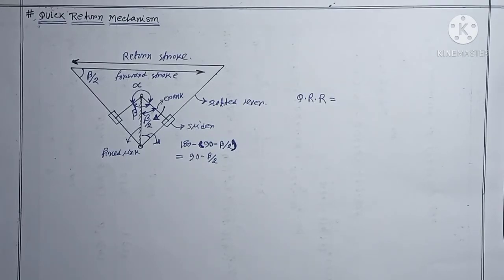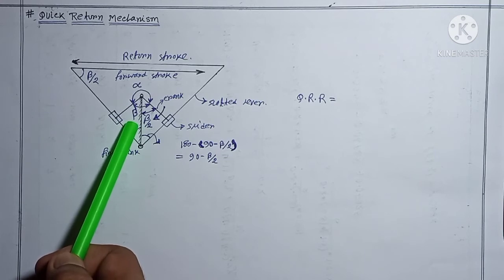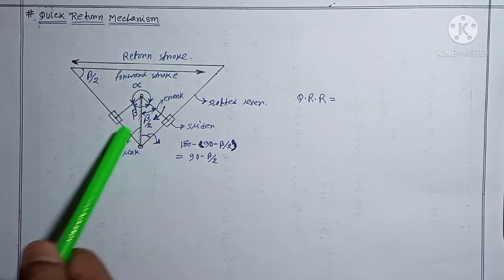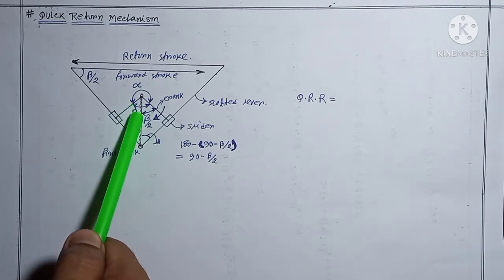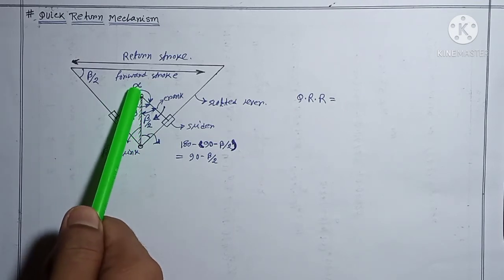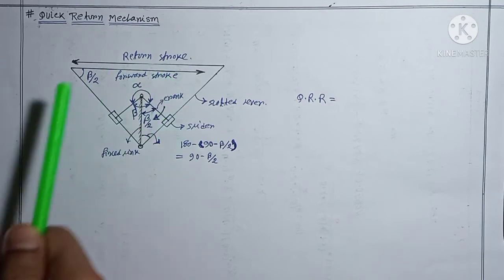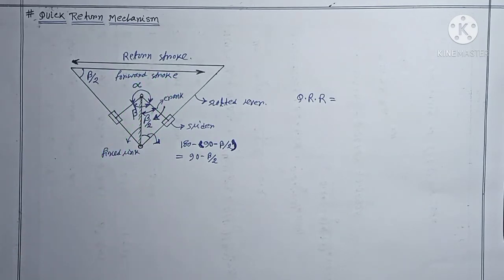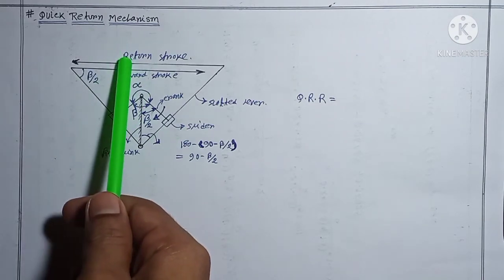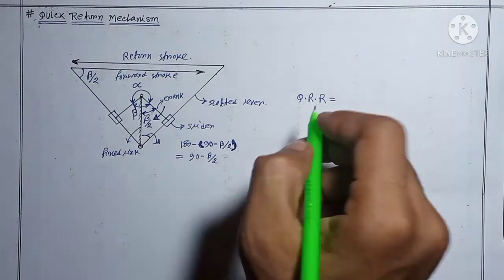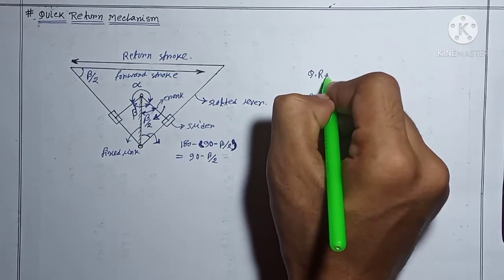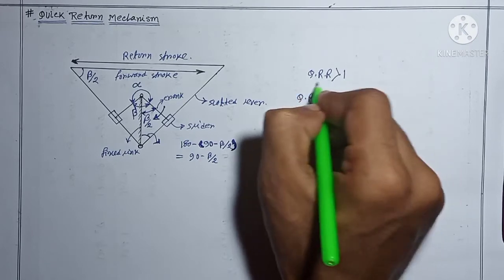Quick return means the angle covered, or the time required, during the return stroke is less than that during the forward stroke, because the return will be quicker compared to the forward stroke. So always remember, the quick return ratio is always greater than 1.